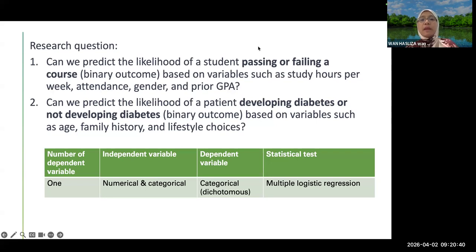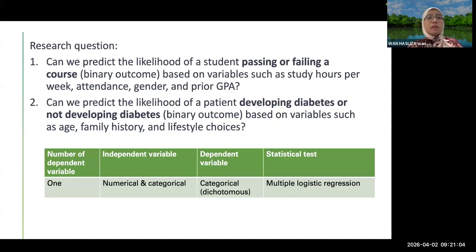And then my independent variables, I have more than one. I have study hours per week, attendance, gender, and GPA. So I have four independent variables: study hours, attendance, gender, and prior GPA. So in this case, I told you to look at the dependent variable.